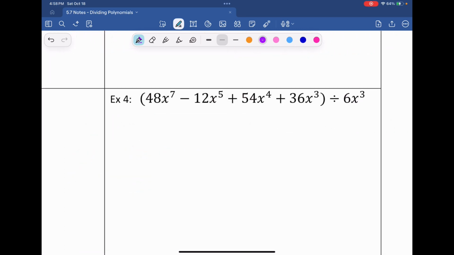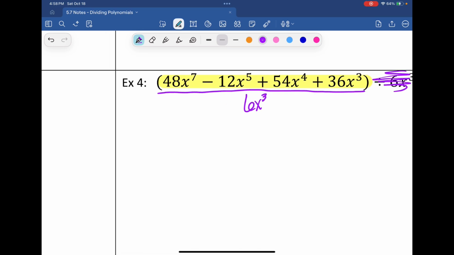All right. I don't want you to get all lost in the notation of this one. It says this whole mess right here is divided by 6x cubed. So if I think about it instead of all that mess over 6x cubed like that, I don't even need to think about that part.